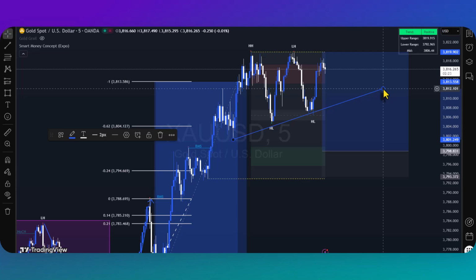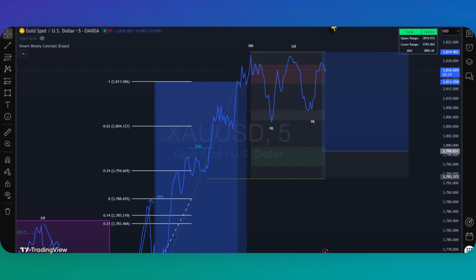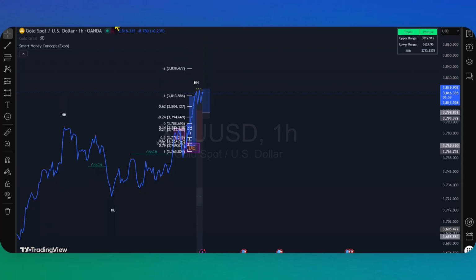For example, now this one is just two, it's not completely three. But if we go to the line charts, we can try to see if it's three. If it's three, then it's valid, but if it's not, it's not valid. Let me go to a higher time frame and try to draw a more perfect trend line.